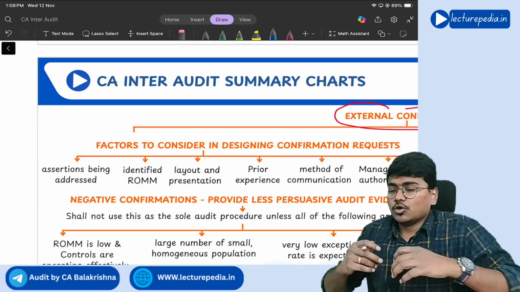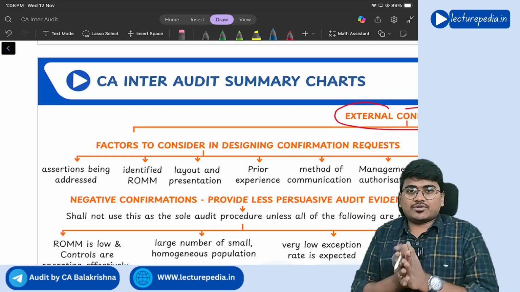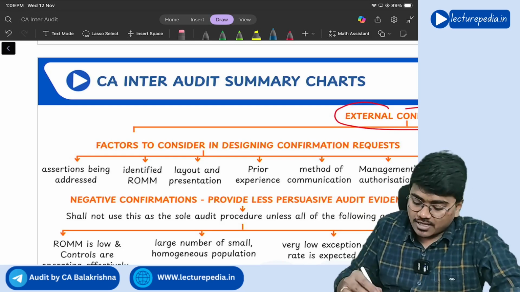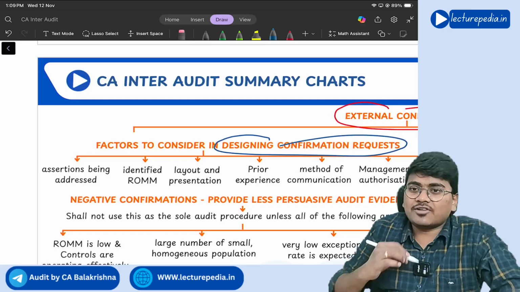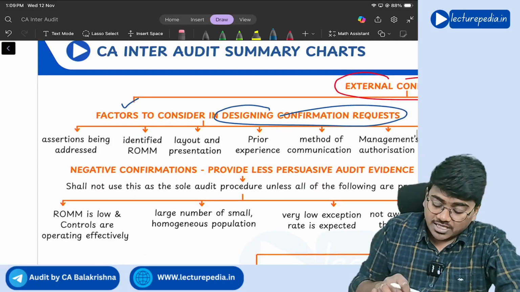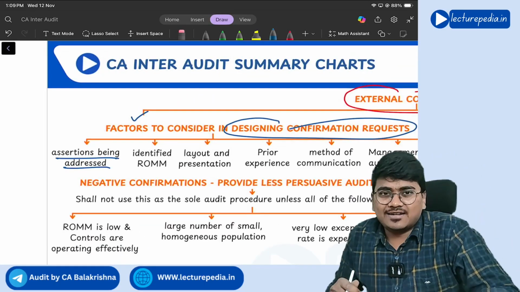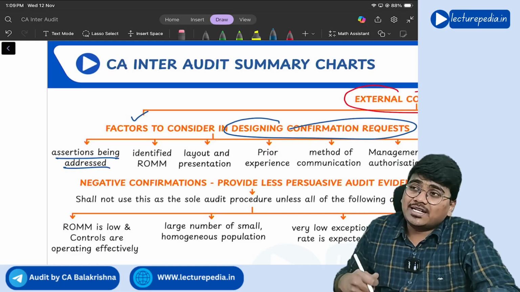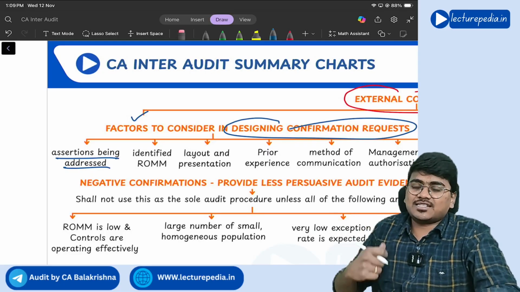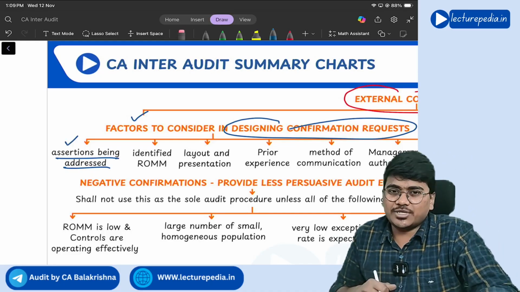Next, with respect to external confirmation, you need to consider certain factors. To send the external confirmation, you will design the confirmation request, correct or not? So you need to consider certain factors in designing the confirmation request. What factors do you have to consider? First of all, assertions that are being addressed. To get evidence about which assertions you are sending the external confirmation for, you need to consider the assertions being addressed.